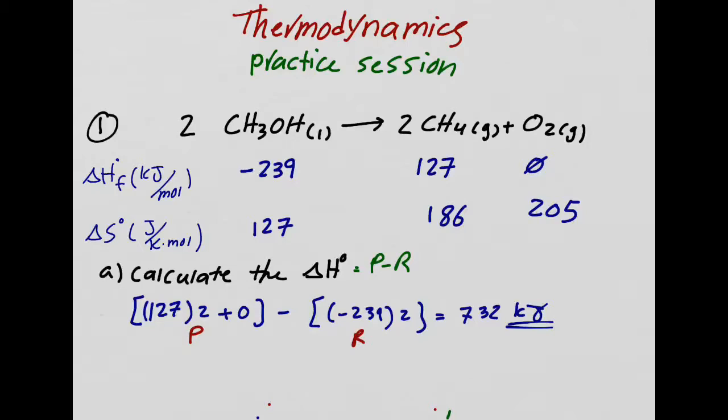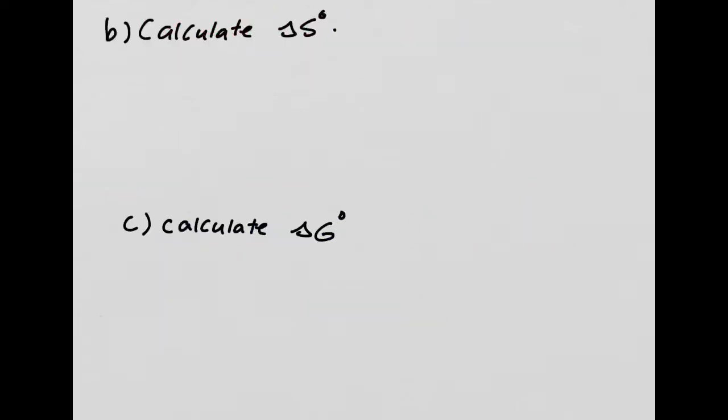Then I give you the S values, the entropy values as well. And if I give you the entropy values, the same way you can do product minus reactant for delta S. My product, it would be 186. Again, you have to multiply it by the number of moles, right? Plus, now for O2, delta H of formation was 0, but not the entropy.